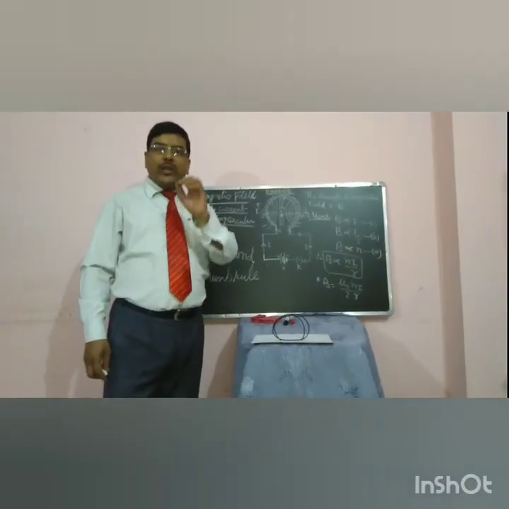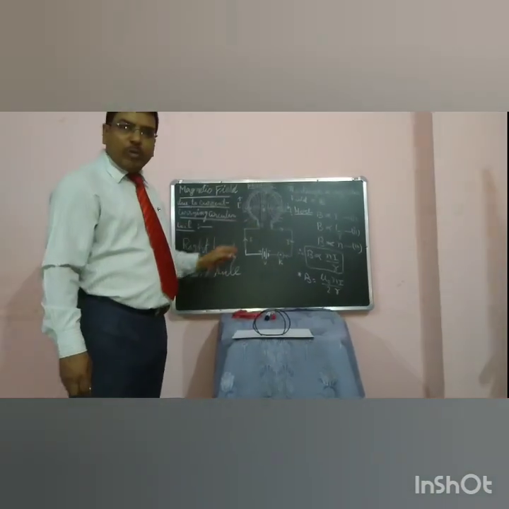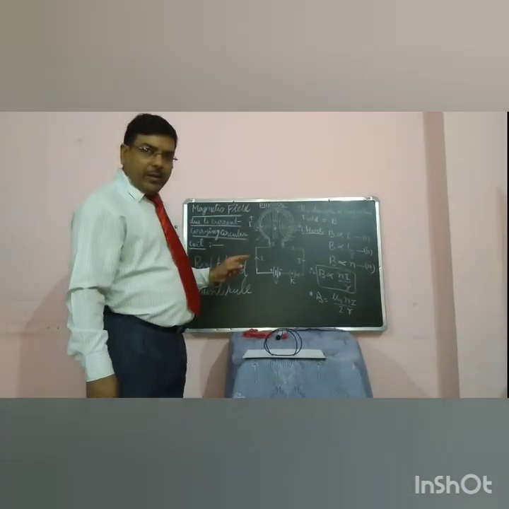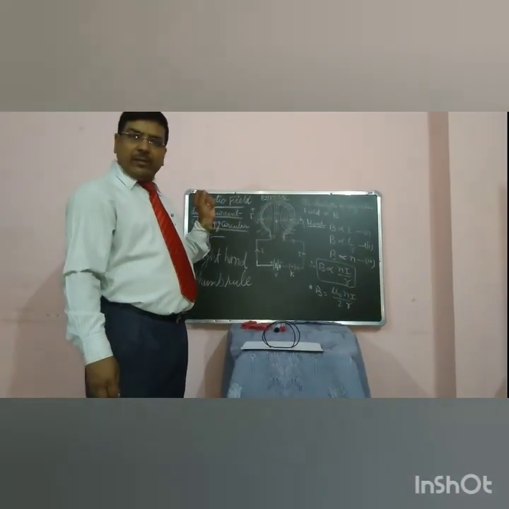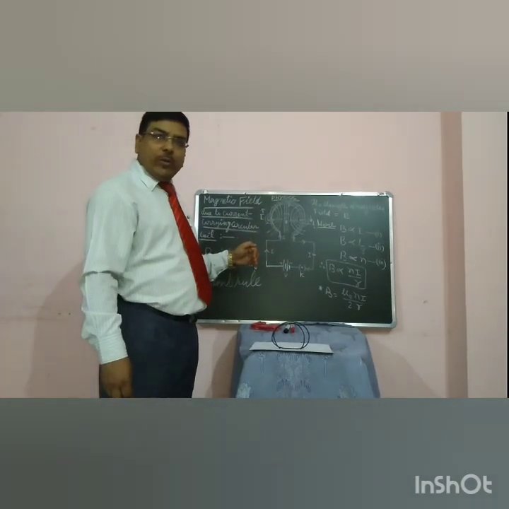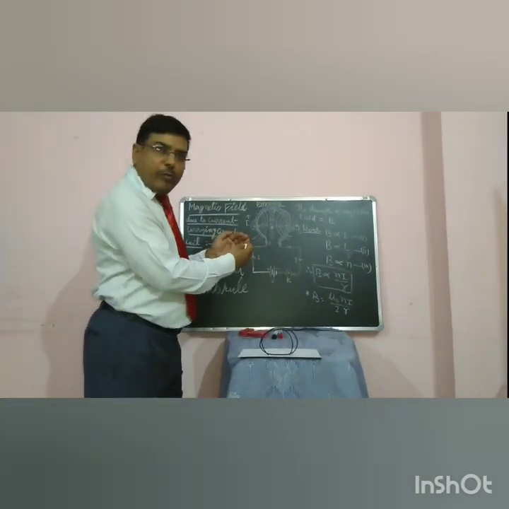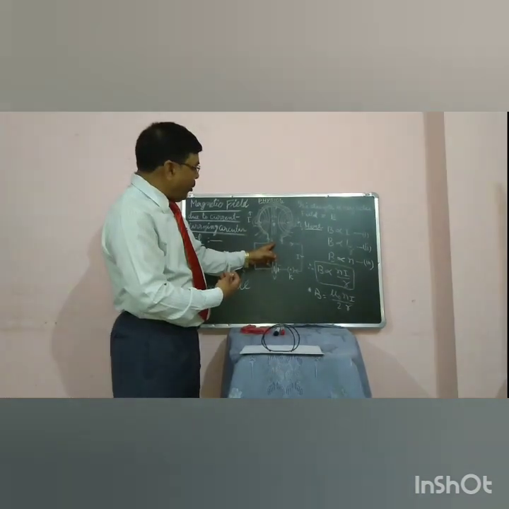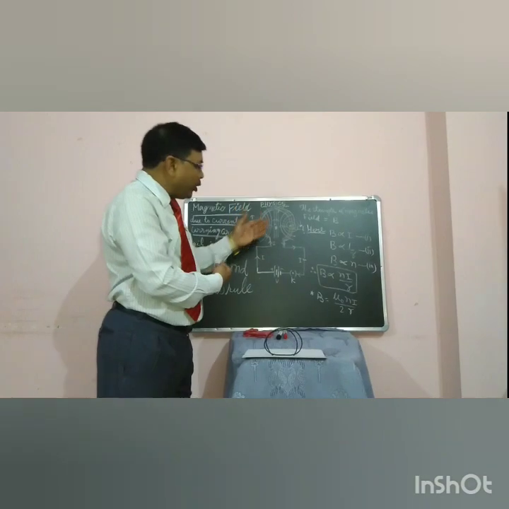Students, try to understand this circular coil again. If the current passes through this circular coil, then it behaves as a magnet, an electromagnet. How can we know? The front face of the coil behaves as a north pole, and the back face of the coil behaves as a south pole.